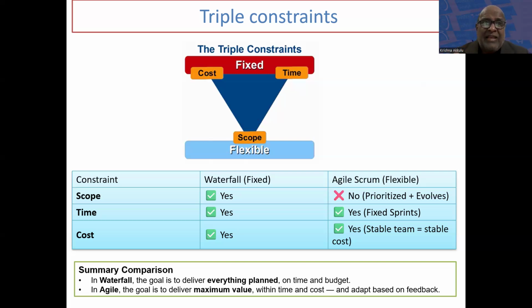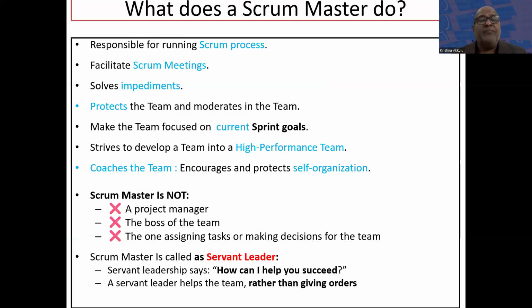Similarly, if the 5 stories they picked are completed in the middle of the sprint, then they can go to the product backlog and pull 3, 4 more stories and complete them. Either way, the scope is very flexible. But the team and time are not flexible. So, hope that is very clear.